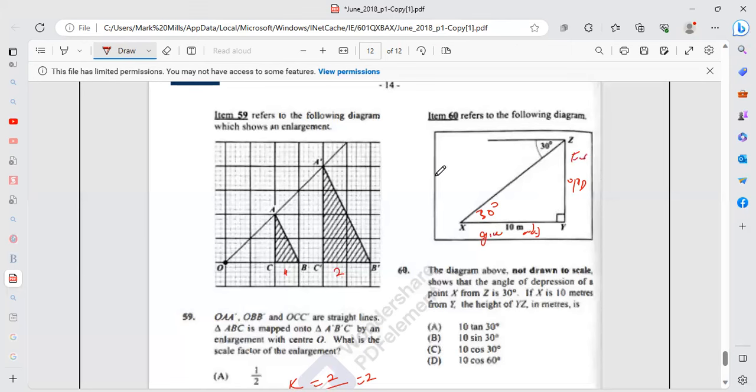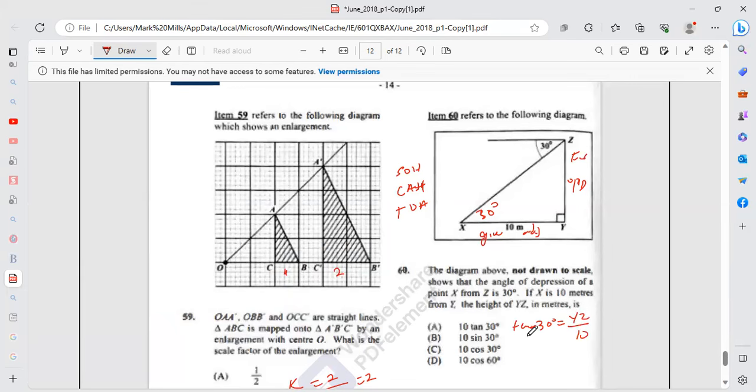Now, remember that we have the SOH-CAH-TOA. We have the SOH, CAH, then TOA. So we look for the one in which we have opposite and adjacent. The one which has opposite and adjacent will be tan. So we say tan of 30 degrees is equal to YZ over 10.